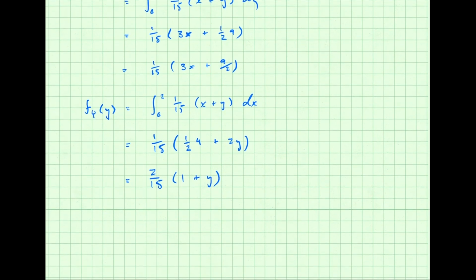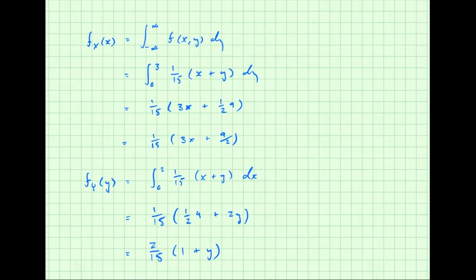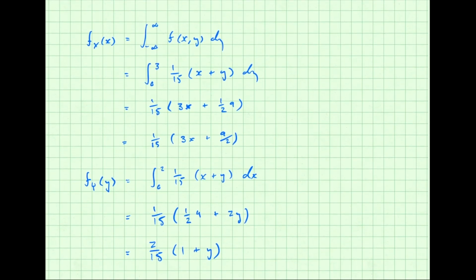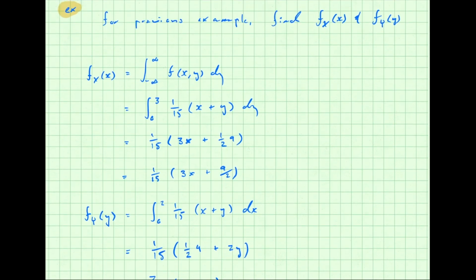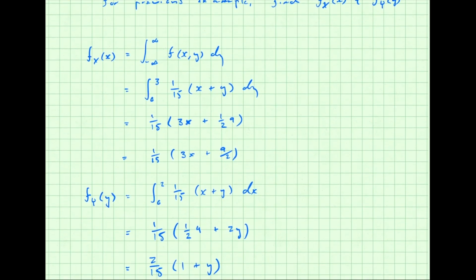And for both of these, we have to be a little bit careful here. This isn't exactly true, right? We haven't said anything about what the value of x is just yet. This function is not always this for any value of x and for y between 0 and 3.